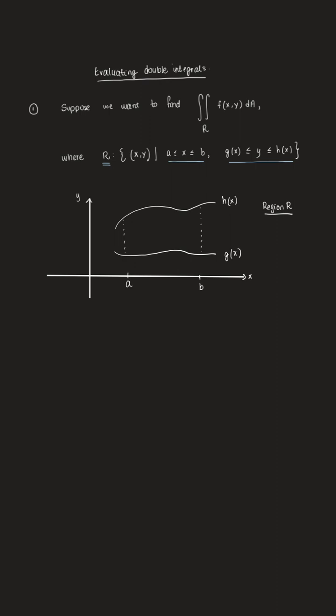So the way that we're going to tackle this is, when we're dealing with rectangular regions, we can choose the order of integration. But with general regions, the order of integration really matters, and it's critical in making the right choice. So when y is between two functions, we're going to integrate first with respect to y.